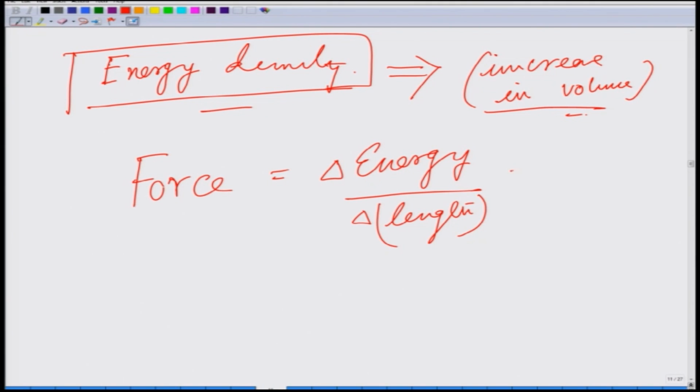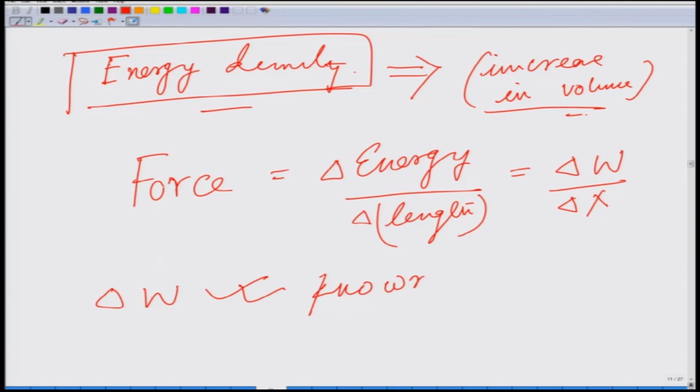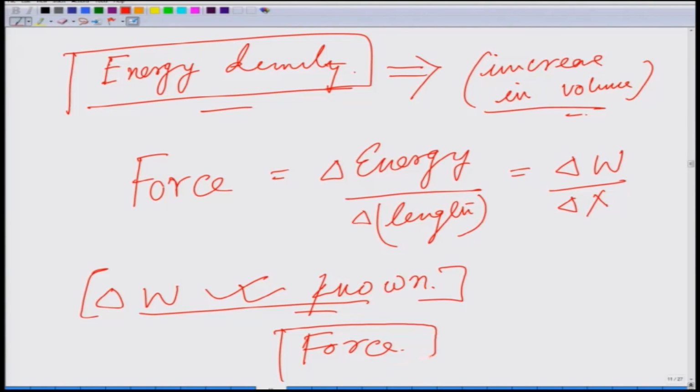So you get dW by dx. Now you know the change in energy, dW, which you have found out, and then you find the force. This is the second problem.